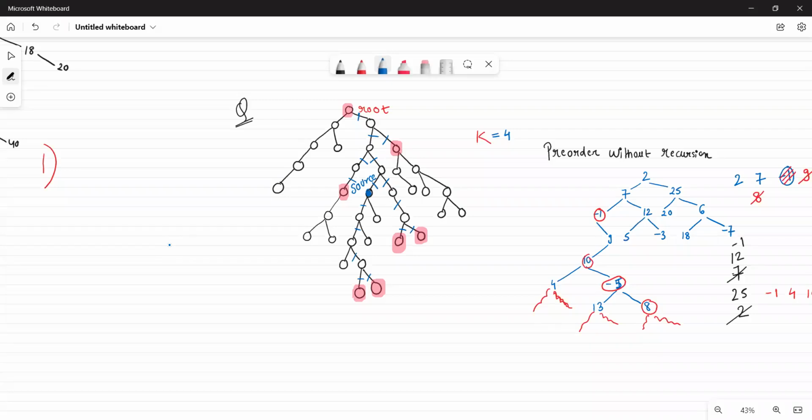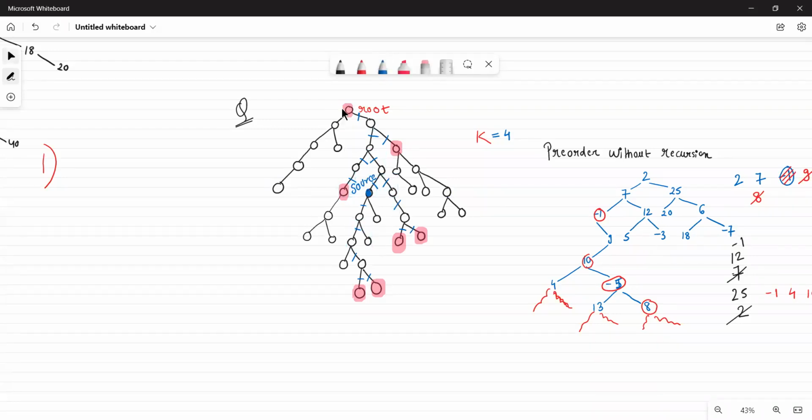Yeah. Anyone in the class who didn't get this? So you mean we need to keep the count of all the nodes from the source node, not from all the other nodes.